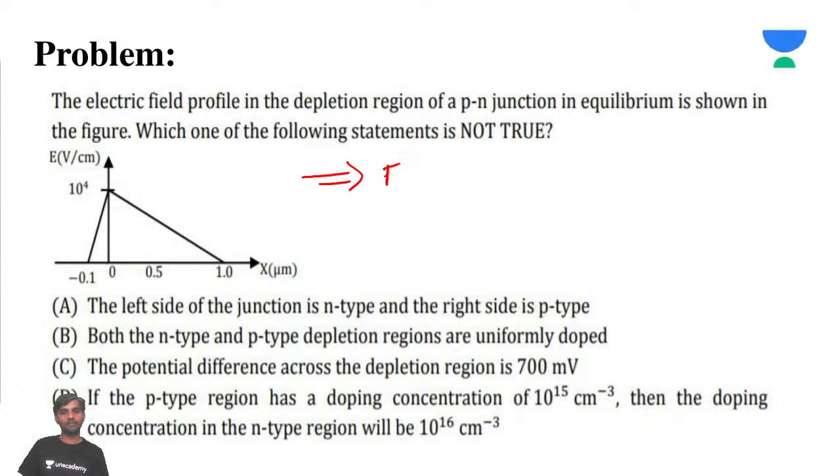This shows an electric field. Listen to me carefully. PN junction in equilibrium is shown in the figure. Which of the following statements is not true?